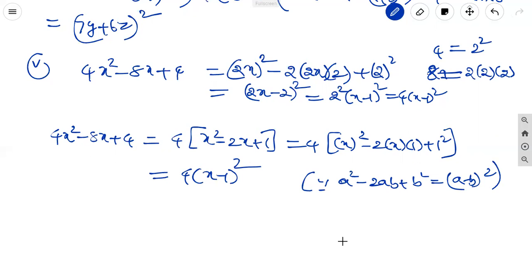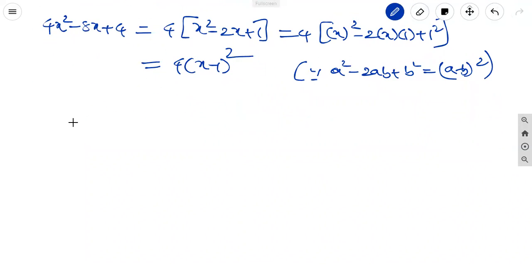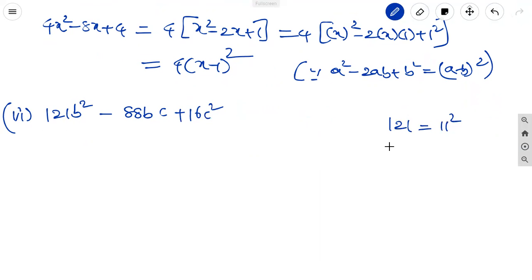Okay. Next problem, sixth one. 121b square minus 88bc plus 16c square. 121 means that is the 11 square value. 16 means that is 4 square value.